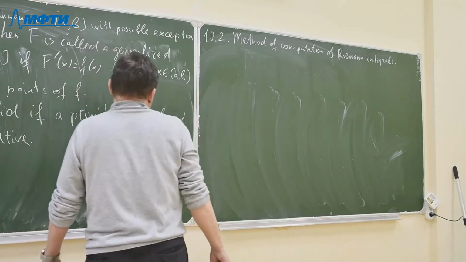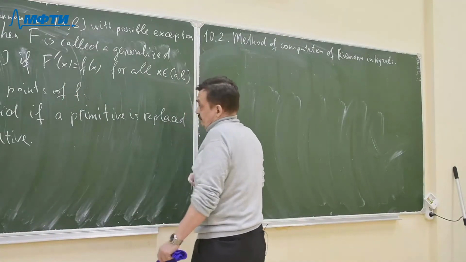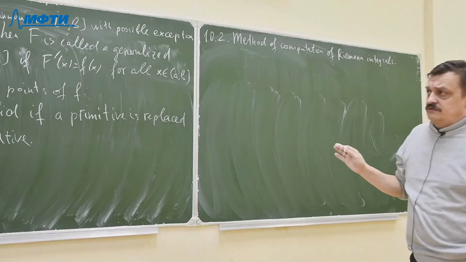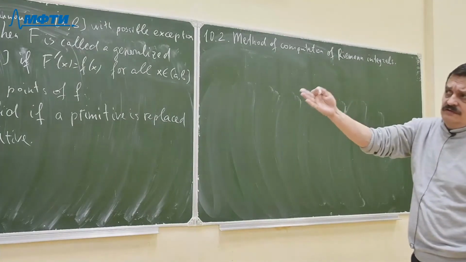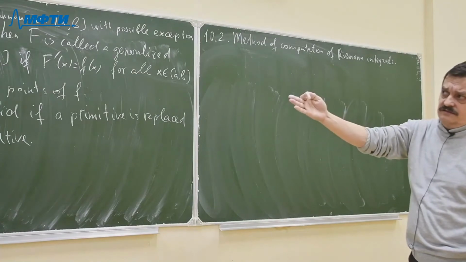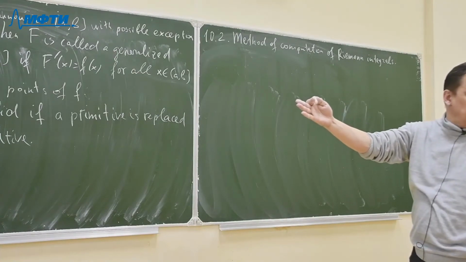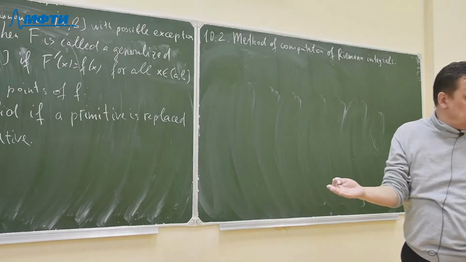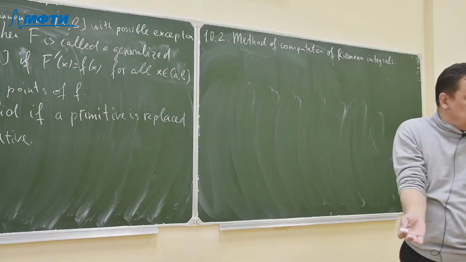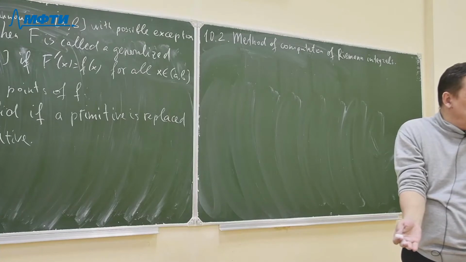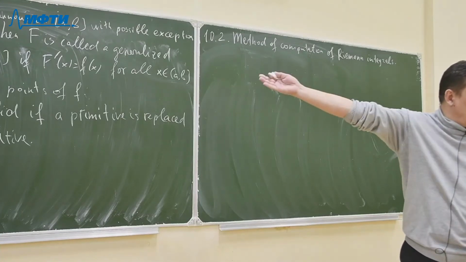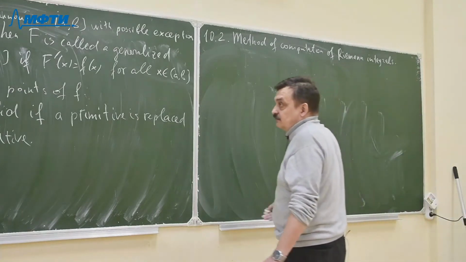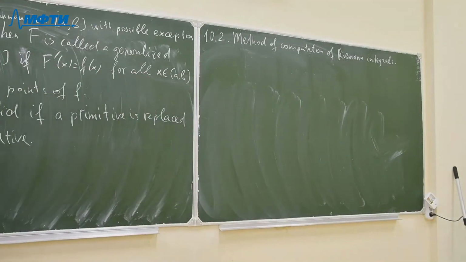First of all, of course, the first method is the fundamental theorem of calculus, right? Because how to compute the integral? Find a primitive using indefinite integral and substitute, right? That is the easiest way to compute a Riemann integral.